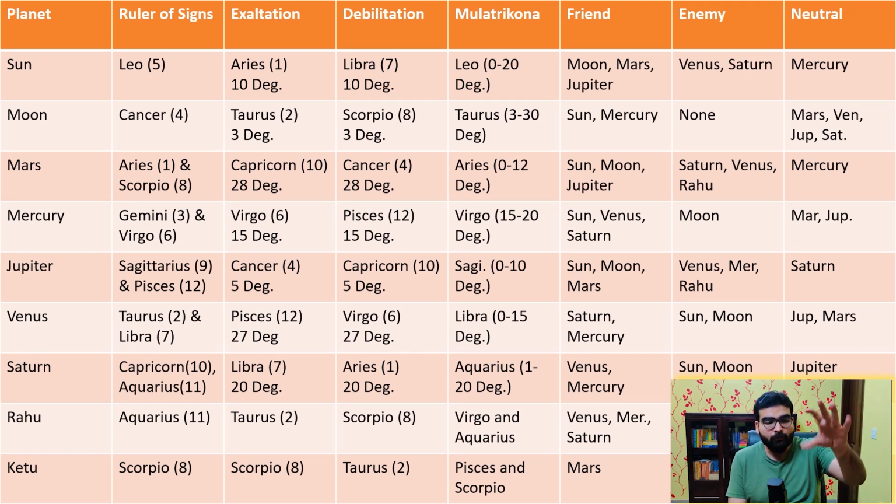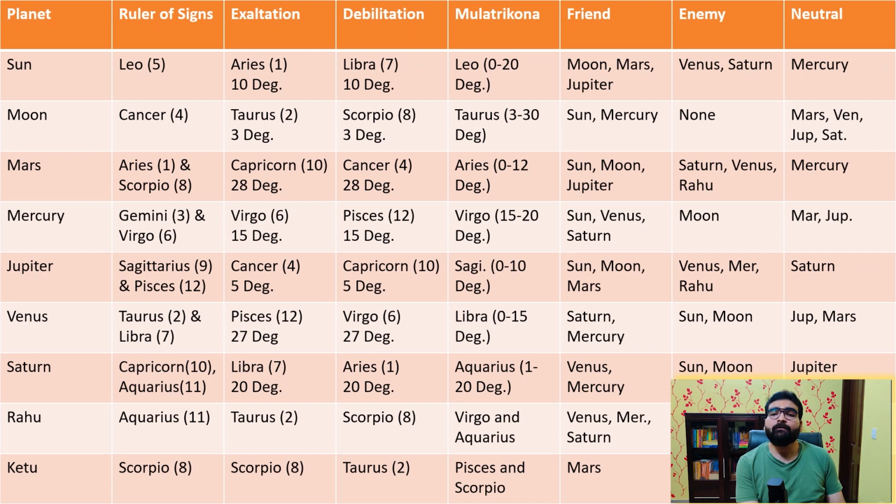It is trying to capture the infinite reality. And how it is doing that? Because of the Vayu Tattva. See the first video, I have explained this there. Now the Rahu here is Mulatrikona in Virgo, and Ketu is Mulatrikona in Pisces. Okay, so these are the Mulatrikona zodiac signs for all the planets.